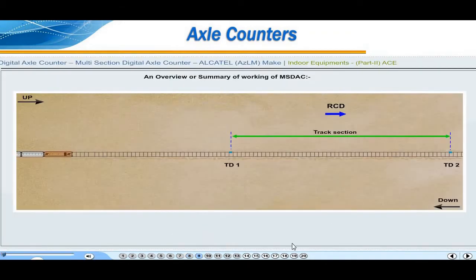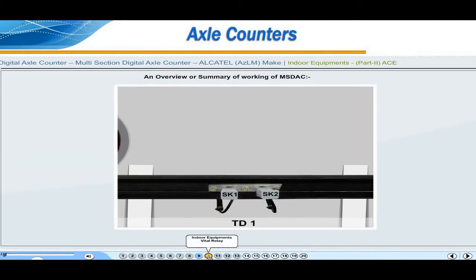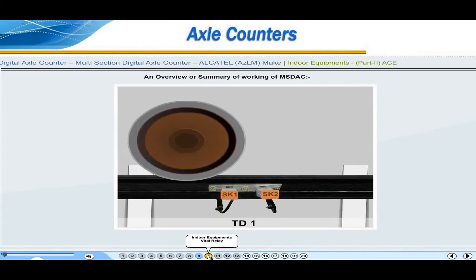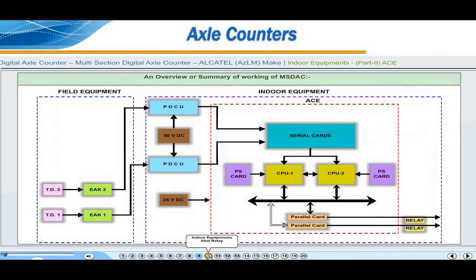An overview or summary of the working of MSDAC. When a wheel passes over track device TD1, a phase reversal of the receiver signal will take place in the track device, which will be sensed by the EAK1. This information will be provided to the serial card of ACE via PDCU. One serial card can monitor two detection points.